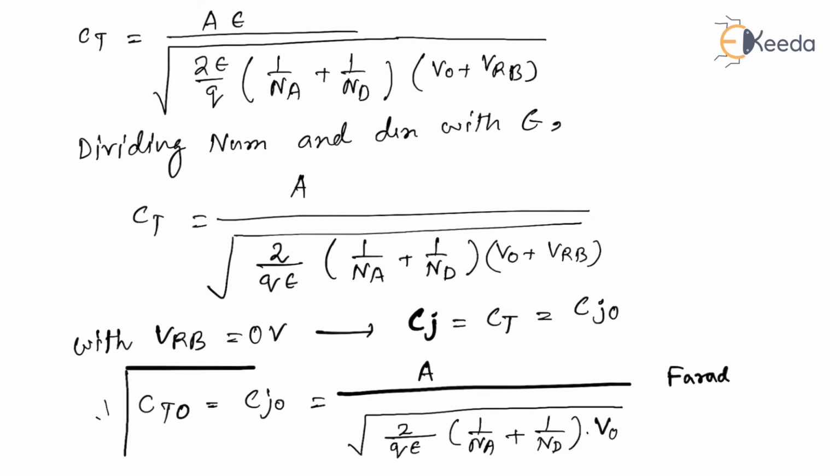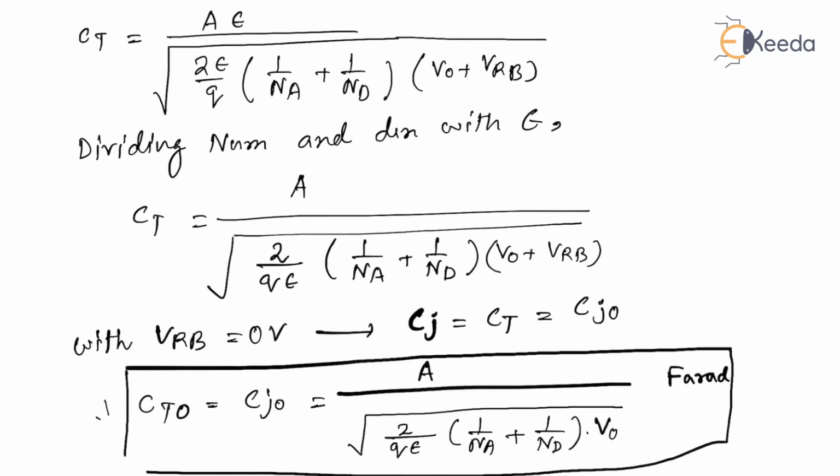So, this equation will give the value of Ct0 at VRB equals 0 volt.